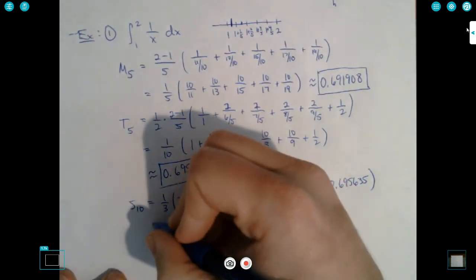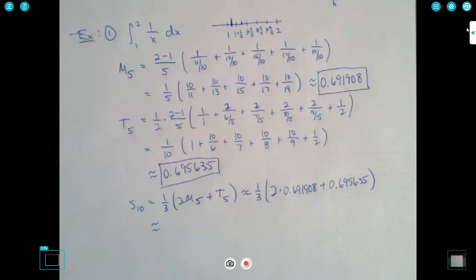And let's see about how much S10 is. So 1/3 times 2 times 0.691908 plus, sorry, made a little typo, plus 0.695635.